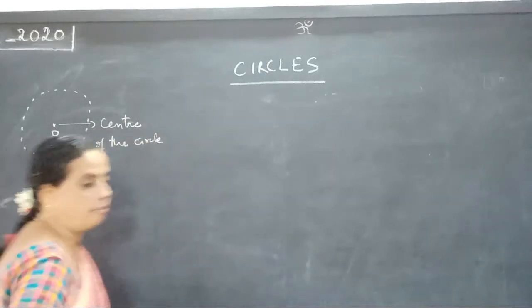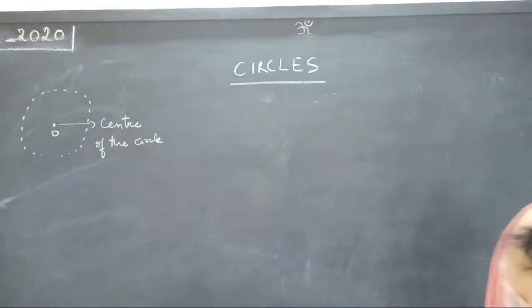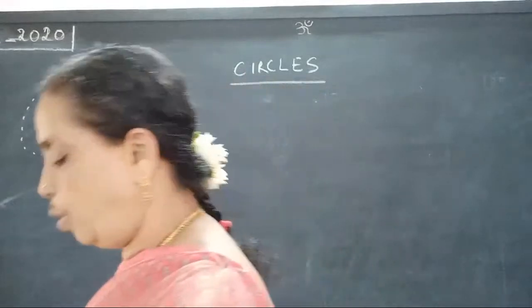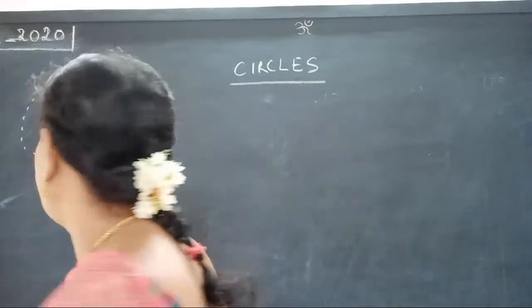And from the center of the circle, if you join any point on the circumference, how will you define circumference? The distance around the figure is called the circumference.